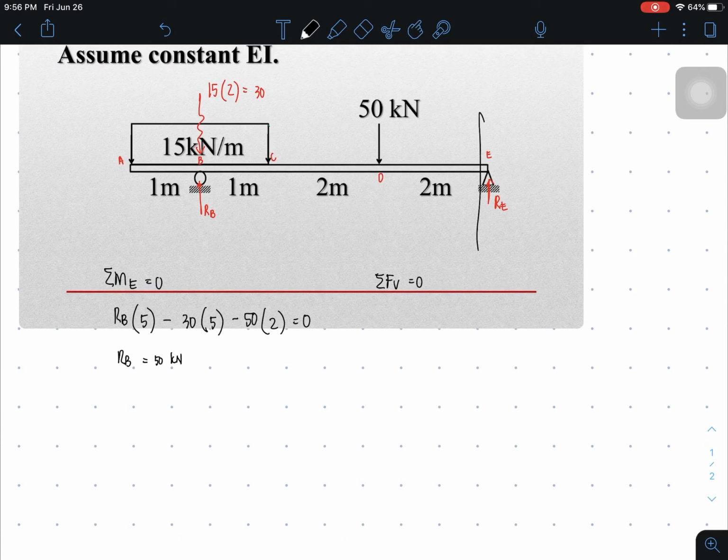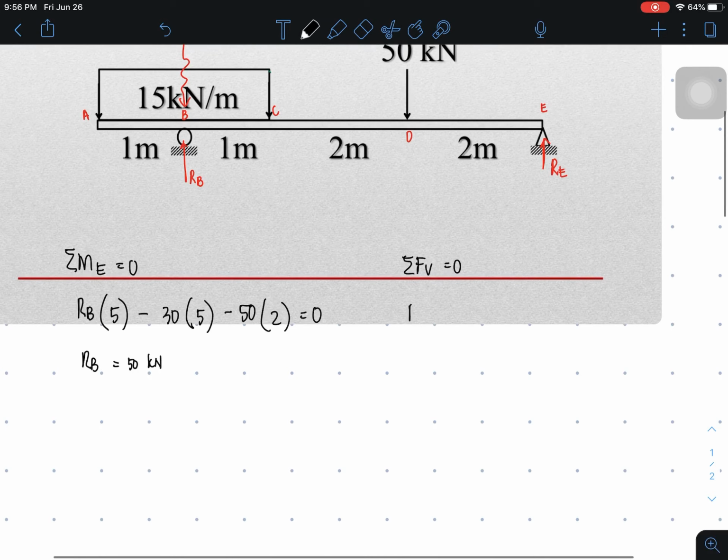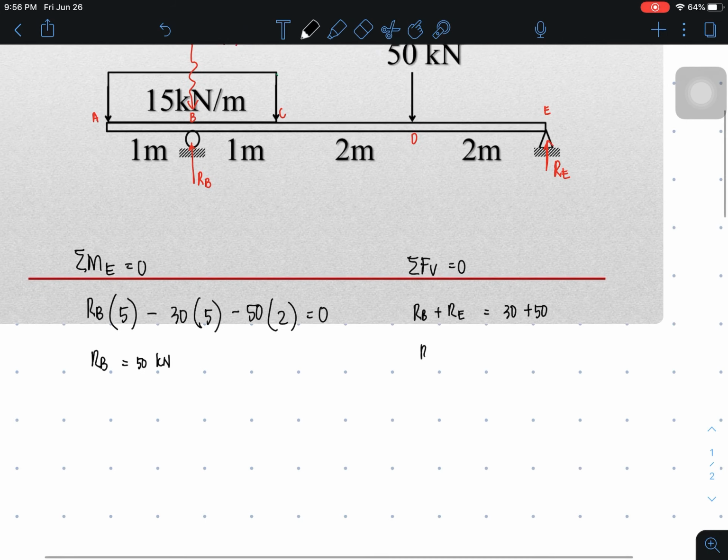Anyway, since nasobla naman, then might as well have RB plus RE equal to 30 and 50. Then RE is equal to 80 minus RB na 50. So RE is 30.